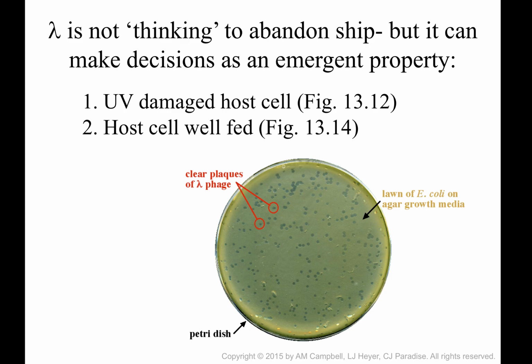If the host cell is well fed, so there's a lot of protein around for the E. coli to eat, that's a good signal for the bacterium to make more copies of the virus because there's more targets out there, and then the virus can grow and replicate. And so that's another good reason to leave lysogenic and enter lytic.